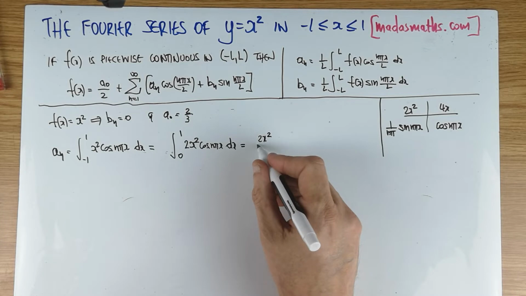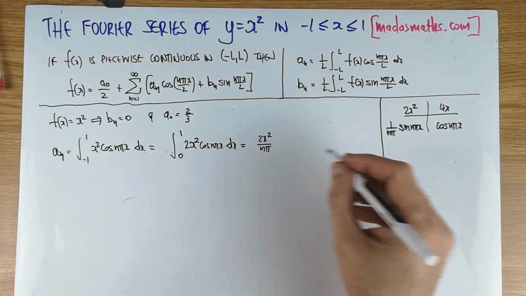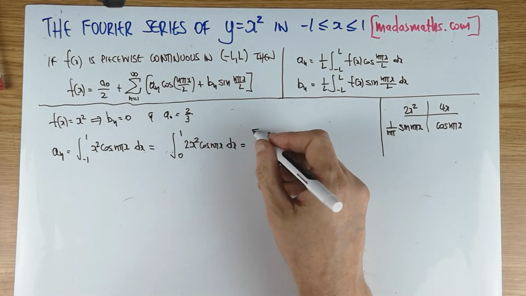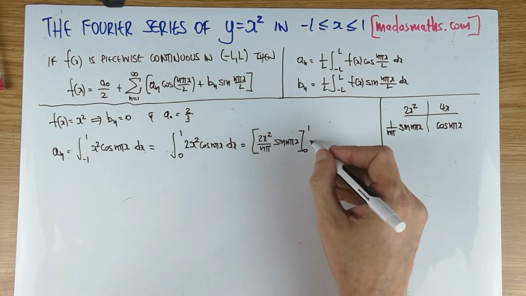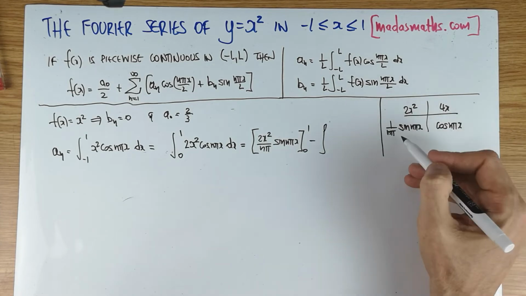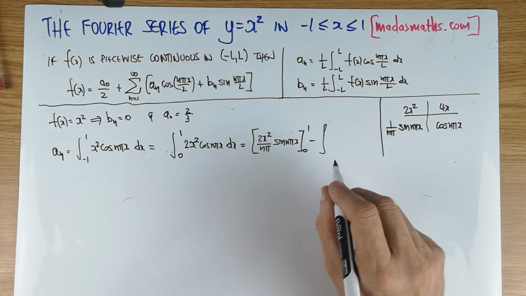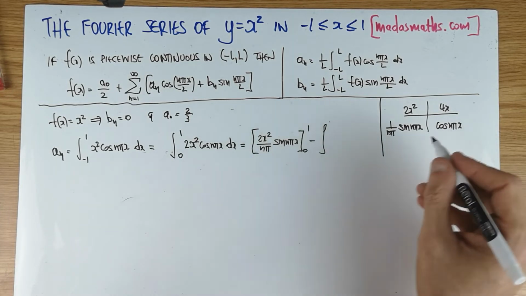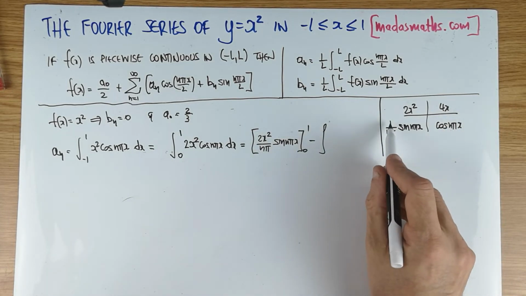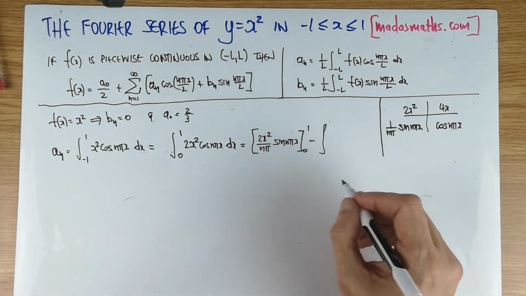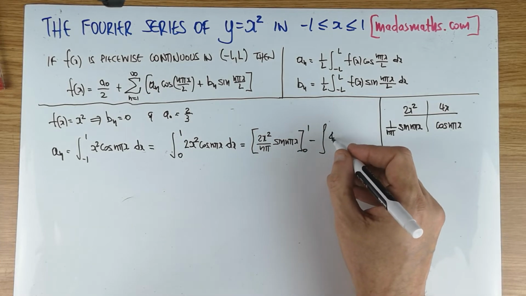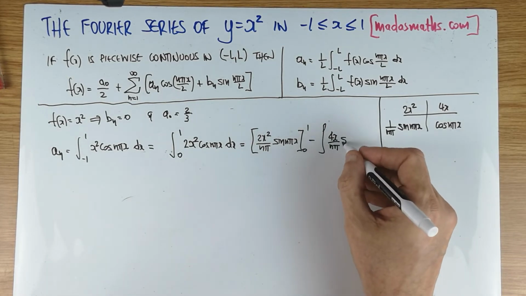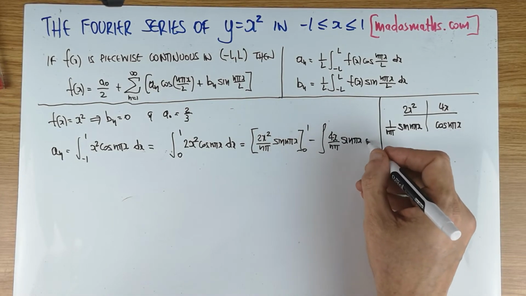2x squared over n pi sine of n pi x has been integrated 0 to 1 minus the integral of this diagonal, and this diagonal will be, let's put the 1 over n pi inside so to save space. Normally I would have written this 1 over n pi on the outside, so it's going to be 4x over n pi sine n pi x dx.